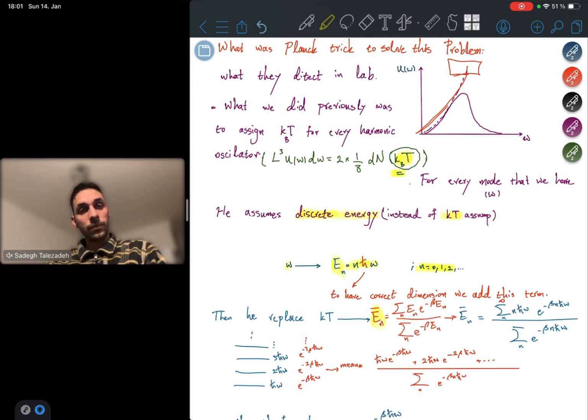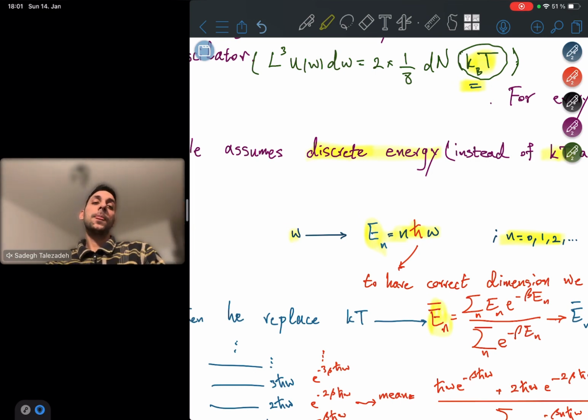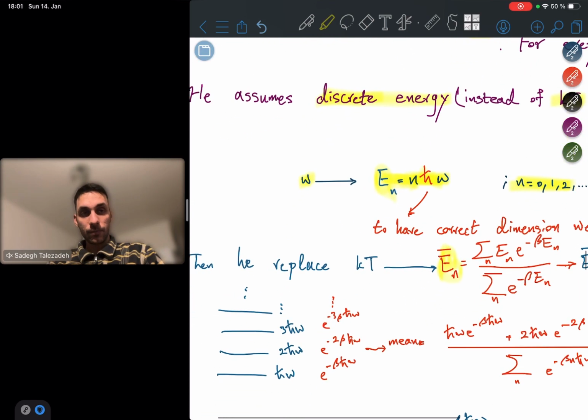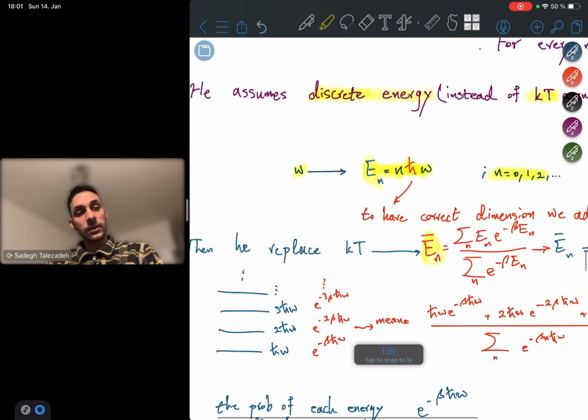So the energy corresponding to each mode is proportional to omega, and this n is from 0, 1, 2, and so on, whole numbers. So h bar, which is the Planck constant, is also a constant just to correct the dimension.